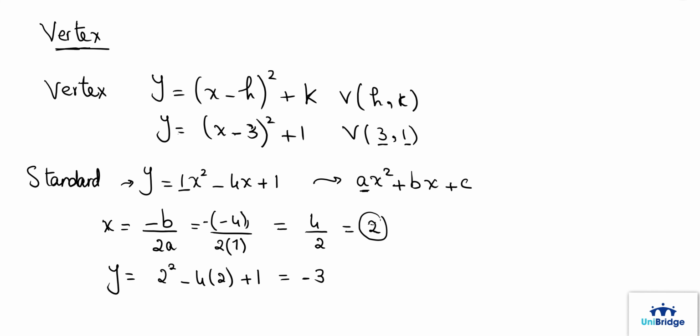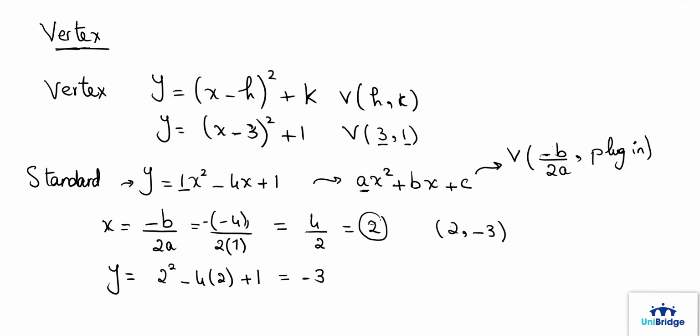So this means that the vertex is at 2 and negative 3. So if the equation is written in the standard form, then the x of the vertex is negative b over 2a. And the way we get the y is that after you get the x, you plug in to get the y.